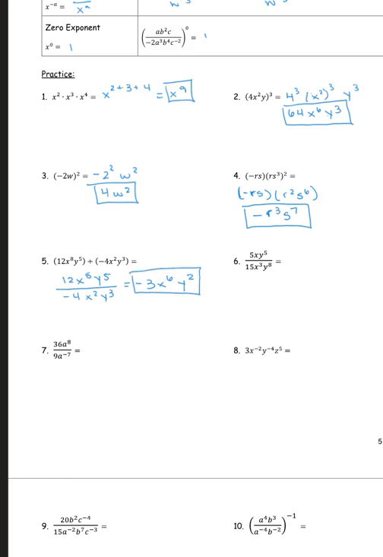Okay, taking a look at number 6, I'm going to do the exact same thing. I'm going to go through each part. So I have 5 divided by 15, which gives me 1/3. So I'm just going to go ahead and put the 3 here. Again, you can put the 1 in the numerator. That is completely fine, but you do not have to. Then I have x to the power of 1 and x to the power of 3. Remember, I am subtracting.